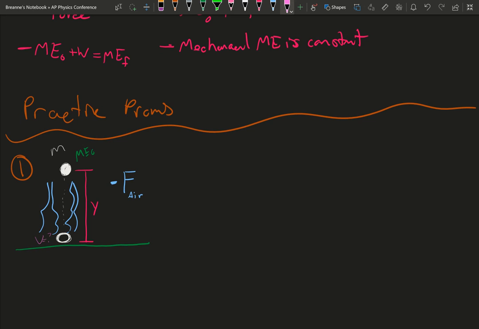This down here would be our mechanical energy final. But we have air friction we have to worry about. So that's when our mechanical energy initial plus the work equals our mechanical energy final, or after.